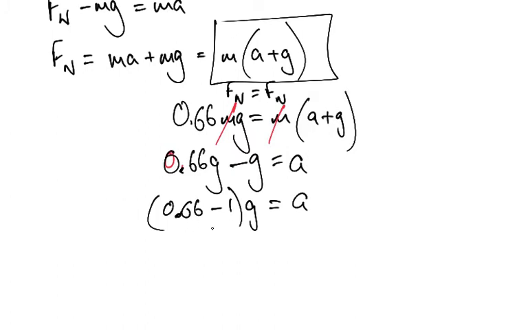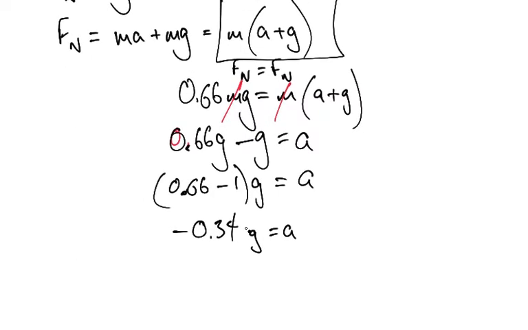And in fact, when you work that out, you get negative 0.34 g equals a. And that works out to be negative 0.34 times 9.8, and the answer is negative 3.33 meters per second squared.